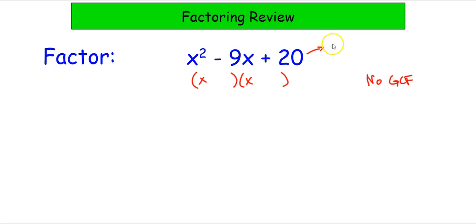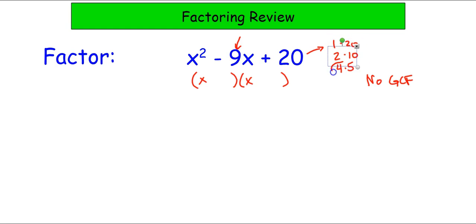Next thing I'm going to do is look at factors of 20, what numbers multiply together to give me 20. And there are, I believe, all of my factors. And the last thing is I need to look at combinations of these with different signs in order to give me a negative 9. Never going to get a negative 9 out of 1 and 20 or 2 and 10.